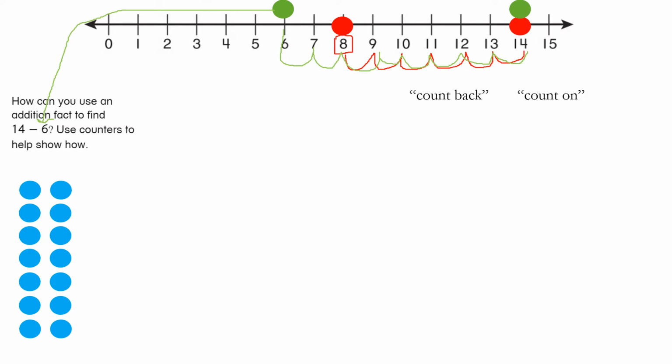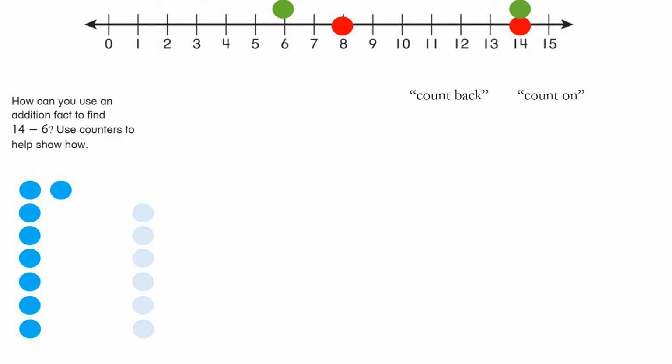Well, we have 14 and minus 6. It means we're subtracting 6. We're pulling 6 away. So if we pull 6 away, what do we have left? We have 8. Okay, so we can use whatever tools we've been given.